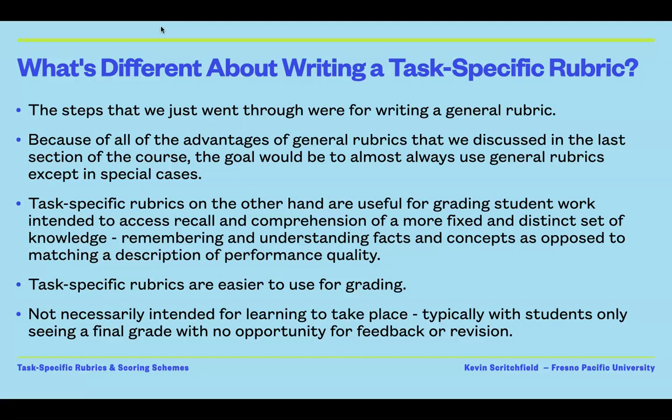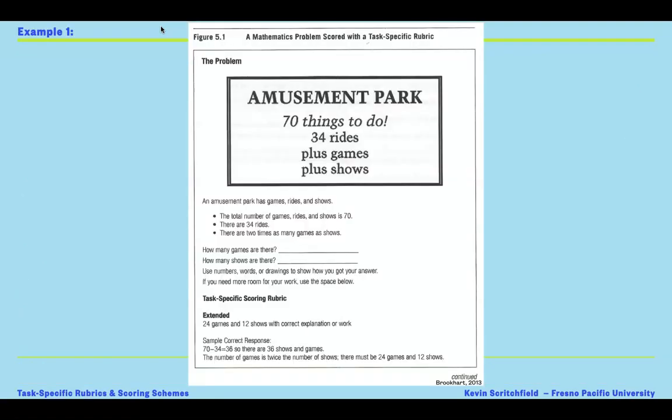Again, the purpose of the rubric is to set out to our students what we're looking for in an excellent submission for the particular question or assignment, but not necessarily to allow feedback and so on. Those are some of the reasons why you would choose a task-specific rubric.